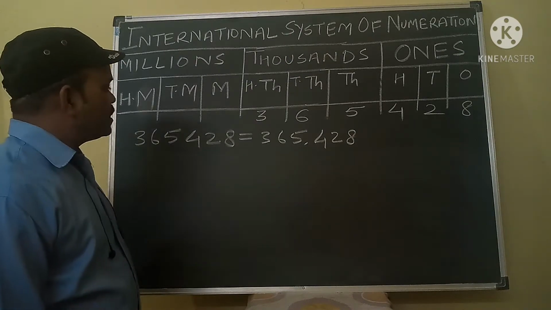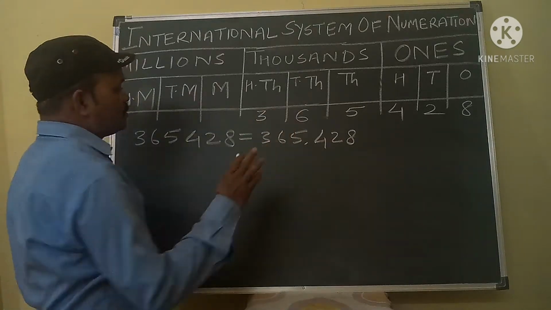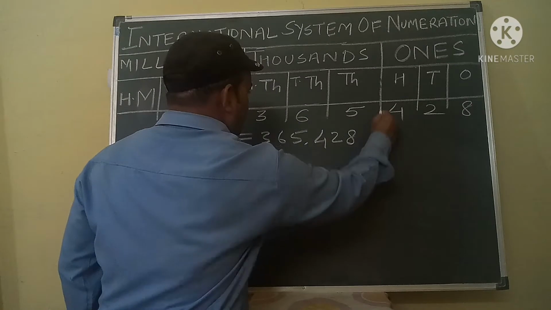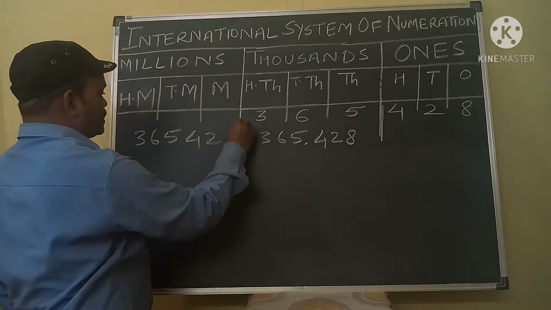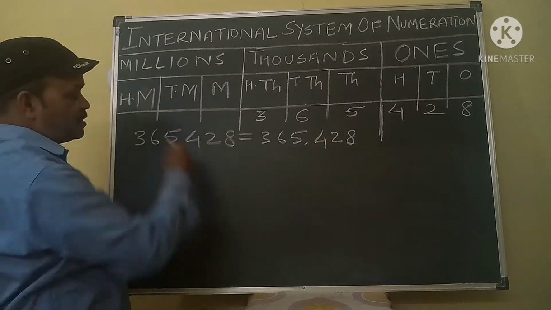My dear students, as you are looking in this table, this is the ones period. Okay, this is the ones period, this is the thousands period, and this is the millions period.